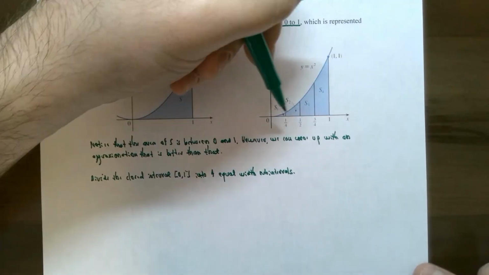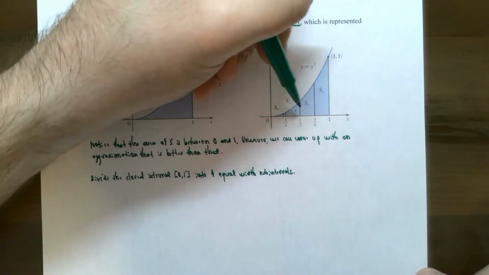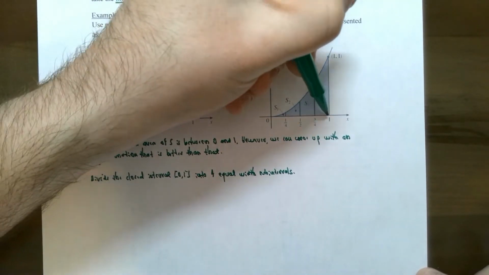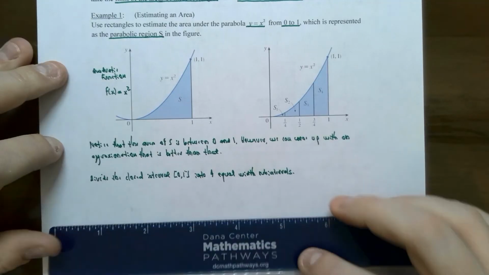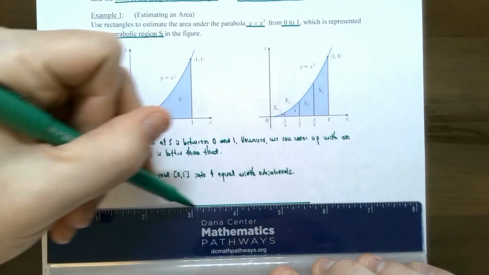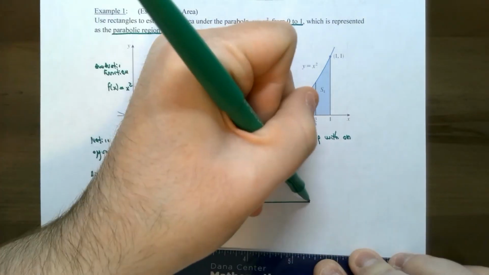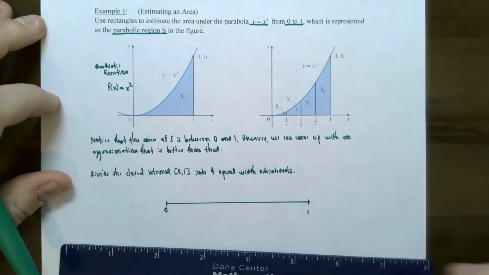So if you look at this diagram, or the graph, each of these subintervals will all have a width of 1/4. So it helps to draw a number line that represents the closed interval 0 to 1, so that we can see how this interval will be divided up.